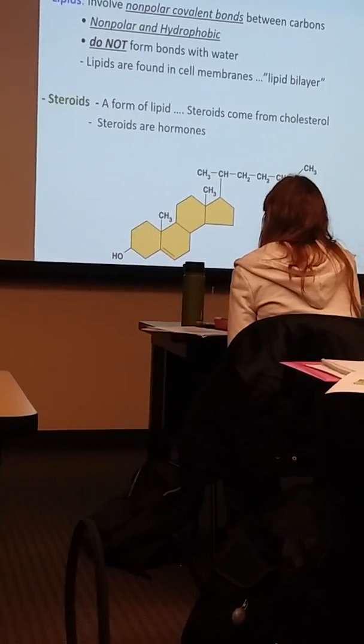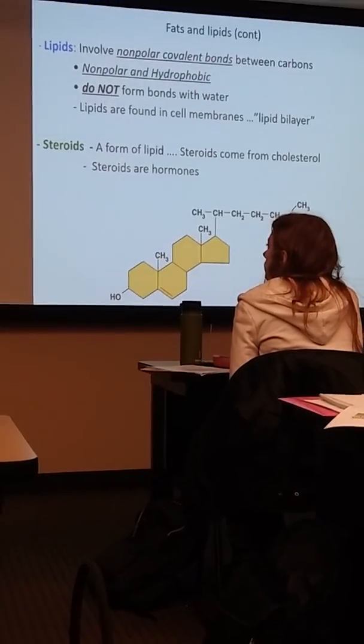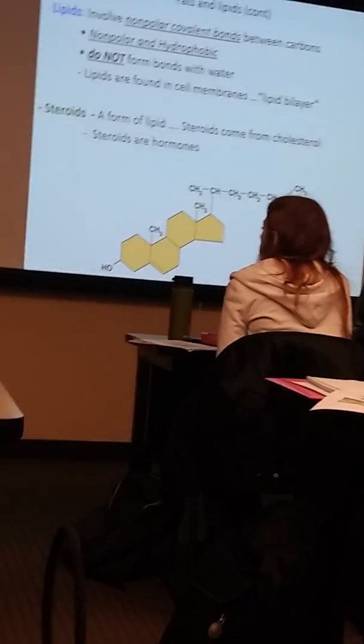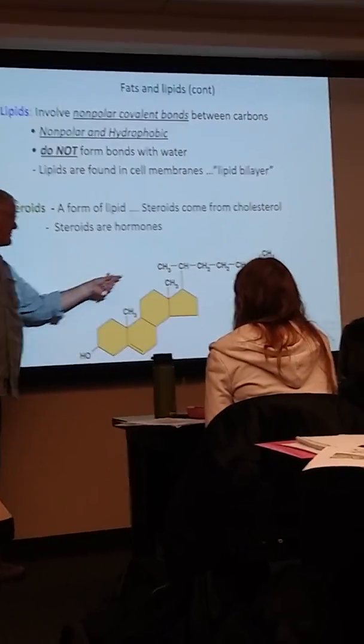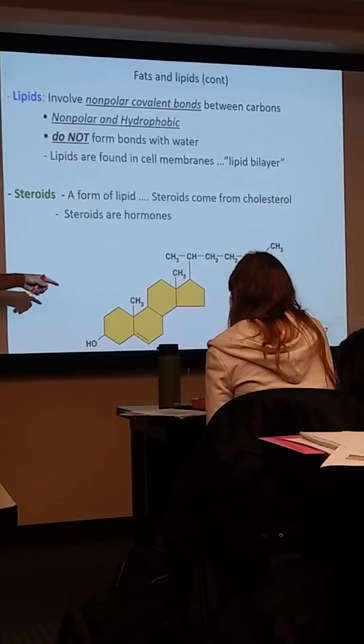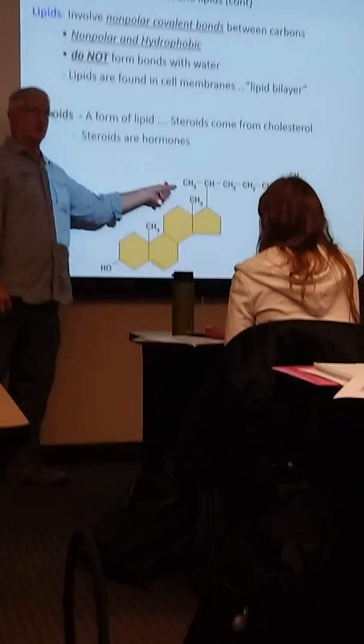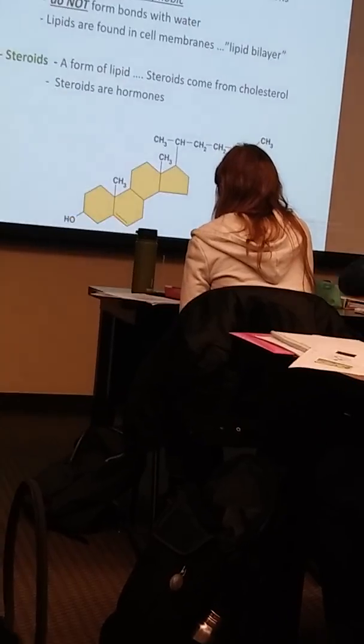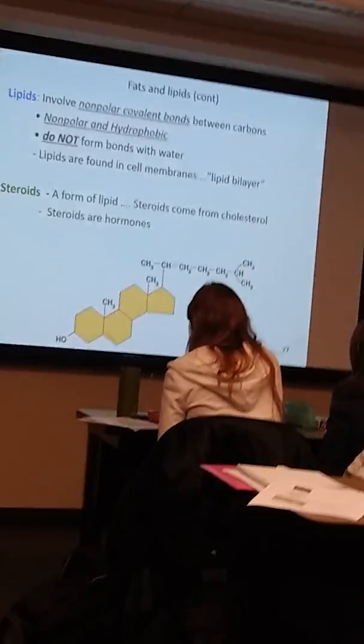You ever had a cortisol injection? Cortisol is a steroid hormone. This is a monomer for steroids. This is called a cholesterol molecule. This is what cholesterol looks like in structure or form. Don't memorize it. I'll never ask you to draw it.